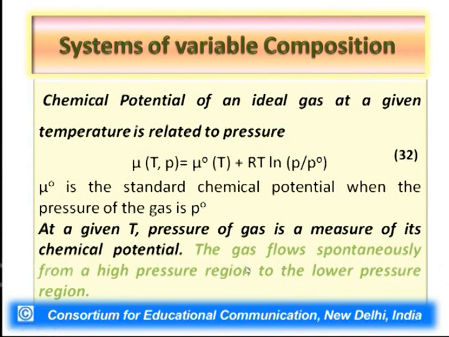So a region associated with higher chemical potential could also be associated with higher pressure, and a lower chemical potential region could be envisaged as associated with lower pressure. So we can conclude from this observation that since the gas flows from a higher chemical potential region to a region of lower chemical potential, the gas also flows from a region of higher pressure to a region of lower pressure.